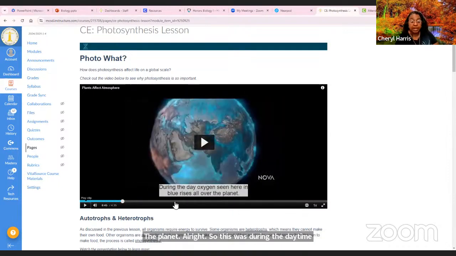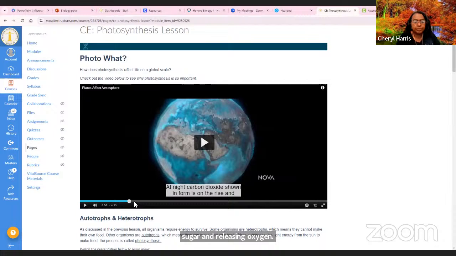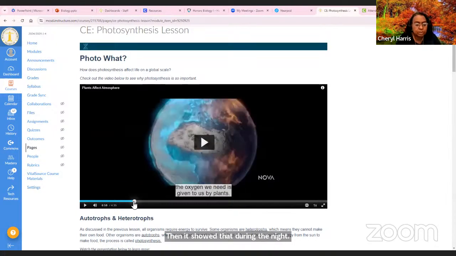So it said during the day, they can see the release of oxygen, because during the day plants are photosynthesizing. So they are making the sugar and releasing oxygen. Then it showed that during the night... All right.